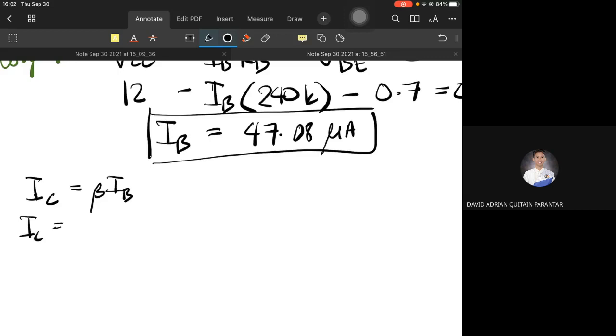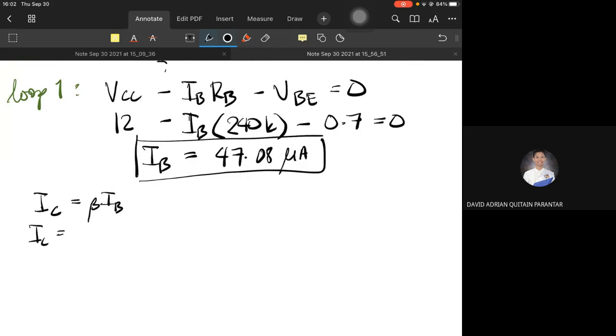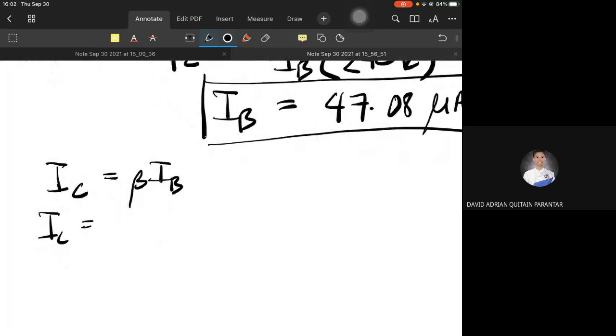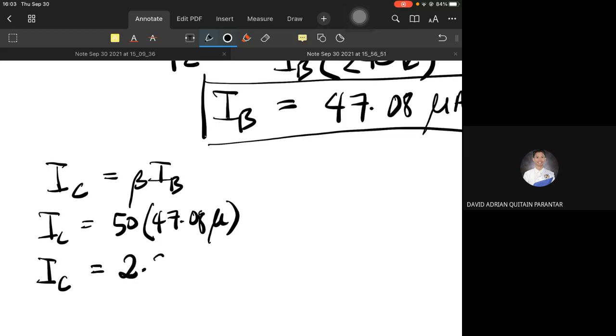IC is equal to beta, which is given as 50, times 47.08 micro. That gives 2.35 milliamperes. So that's IC.